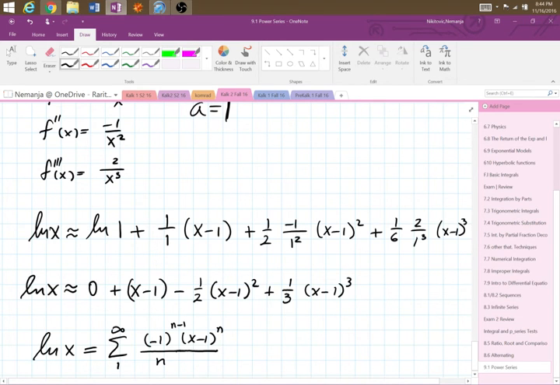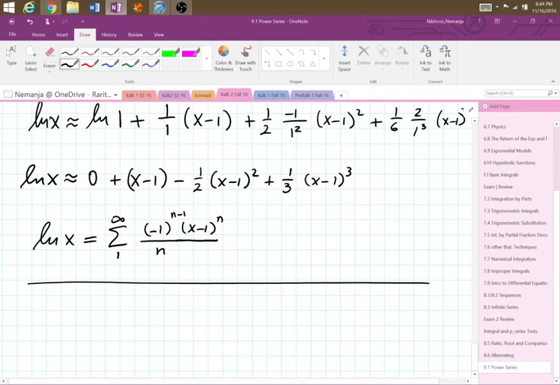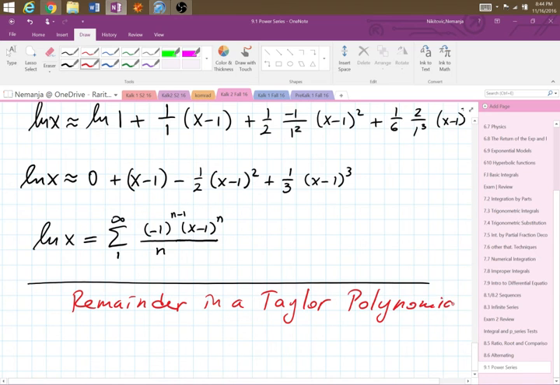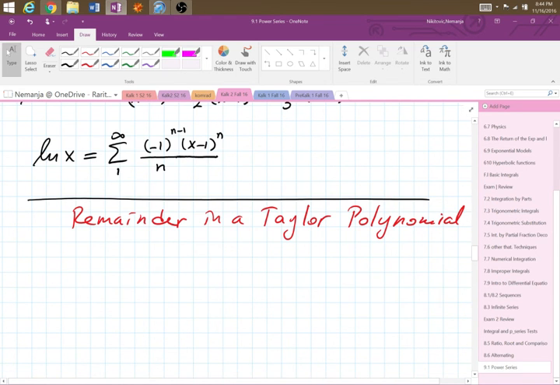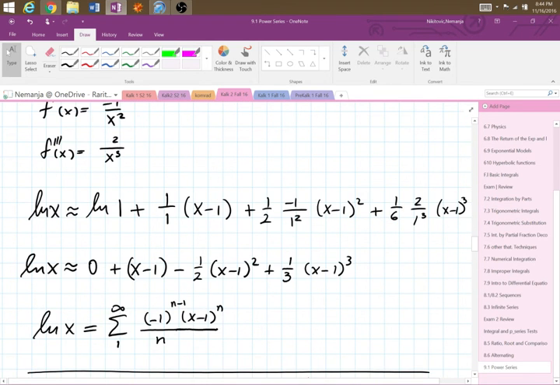There's one more concept left, and that is the concept of the remainder. Remember how I said I only want 4 terms, right?